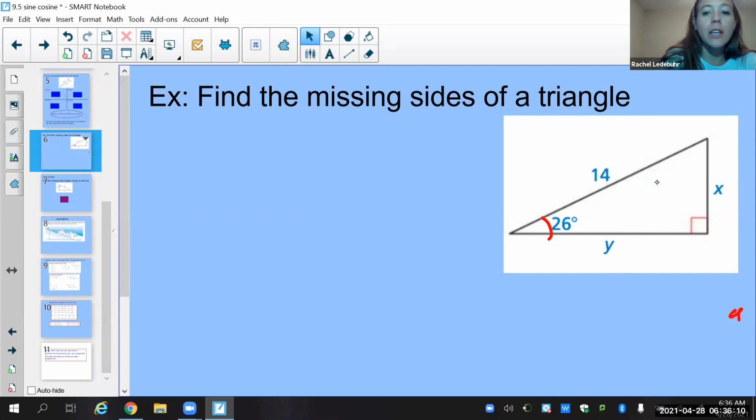Okay, so I'm going to use the sine of 26 because I know that that's the opposite over the hypotenuse, x over 14.